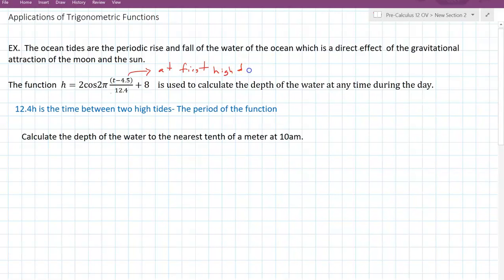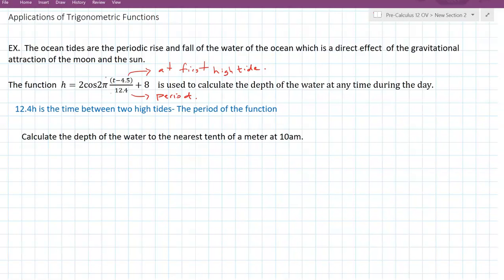So the 12.4 is basically the period, because the 2 pi in front gets divided by the 2 pi within the formula for finding the period if the b value is given to you.